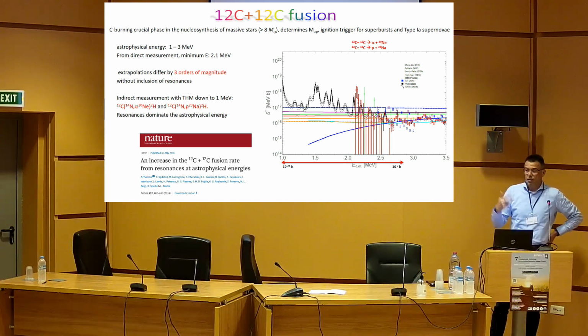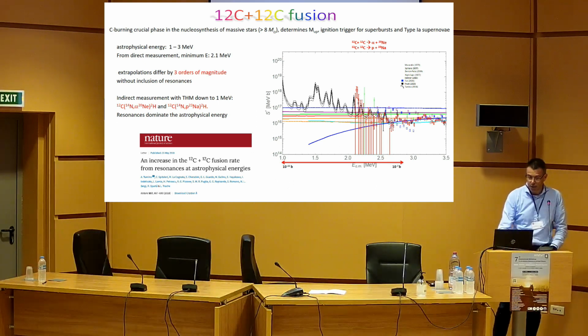So reaching this third stage of the stellar evolution critically depends on the initial mass of the star. And this value critically depends on the astrophysical S factor at zero energy for the carbon-12 plus carbon-12 measurement.